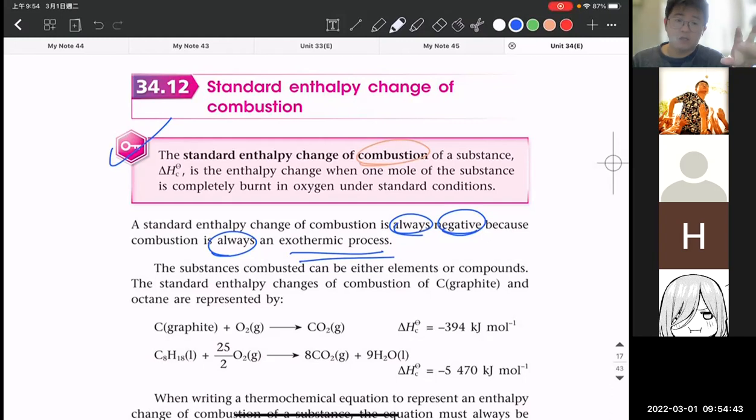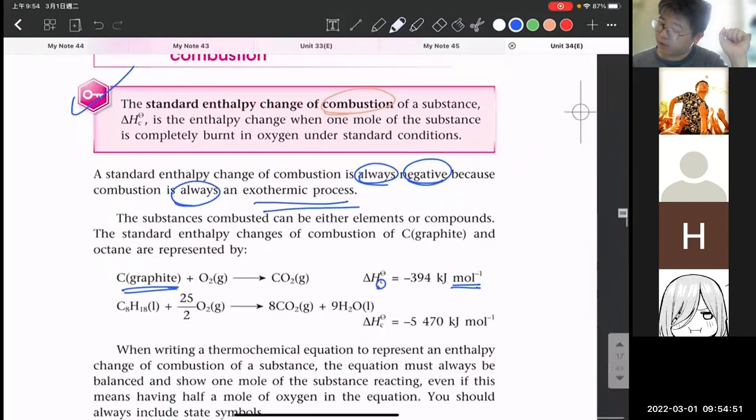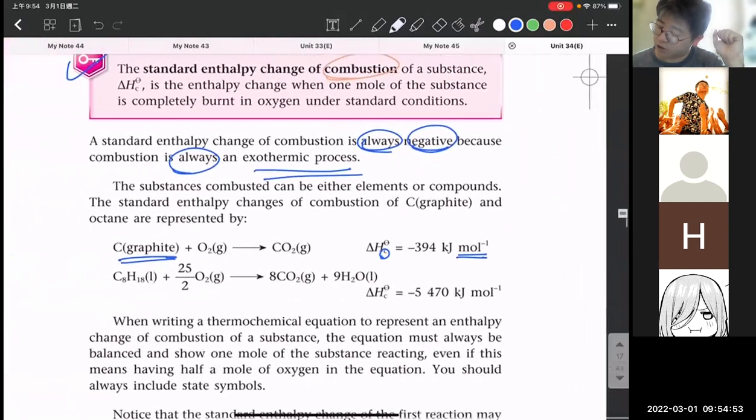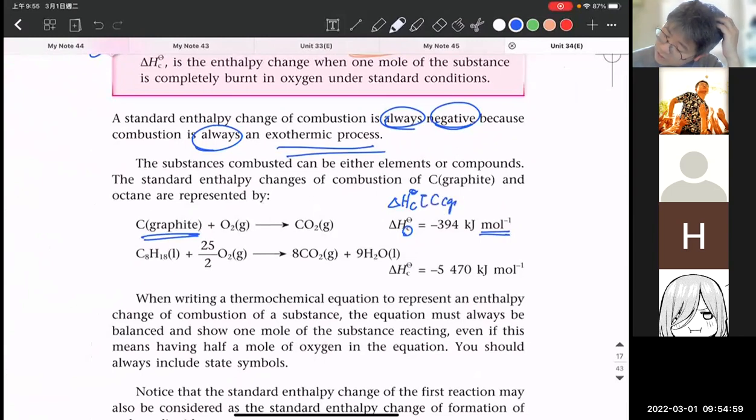So remember, if you write down this combustion in kilojoule per mole, of what? Its fuel is graphite. So you may write down the abbreviation for this, delta H C graphite. Remember, per mole means per mole of graphite.